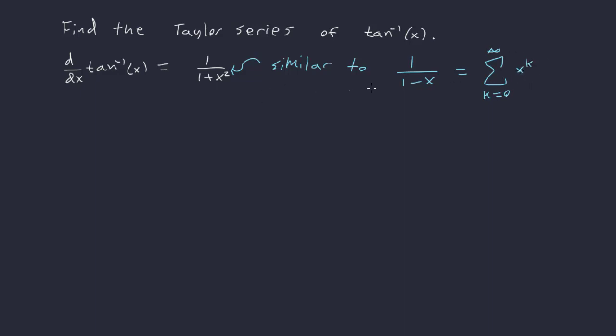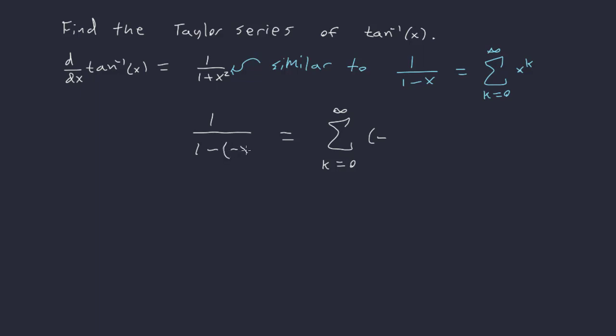Now, we could also do the 1 plus x, but how we make this is I want to plug something into this so that it looks like this. Okay, so if I were to do 1 over 1 minus a negative x squared and plug that into this series, I'd get the series from k going from 0 to infinity of, sorry, I did that totally wrong.